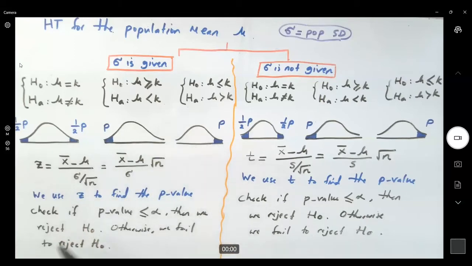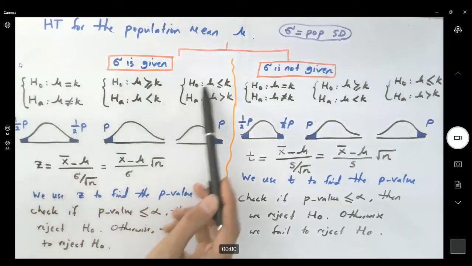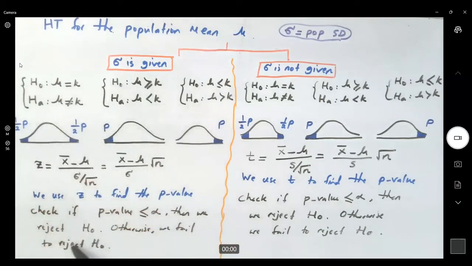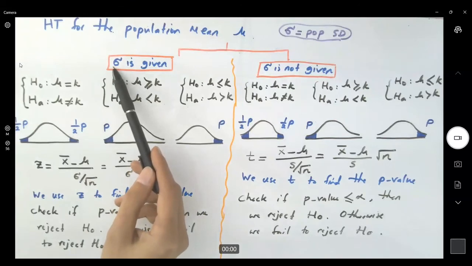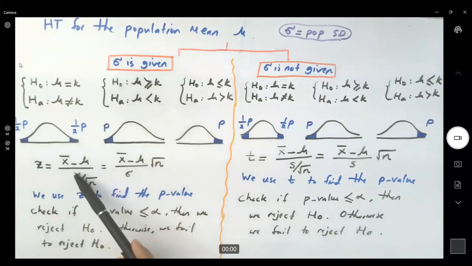Then check to see if this little area is less than or equal to alpha, the level of significance. If it is, then you reject the null hypothesis. Otherwise, we fail to reject the null hypothesis. Again, this is the case when sigma, the standard deviation of the population, is known.